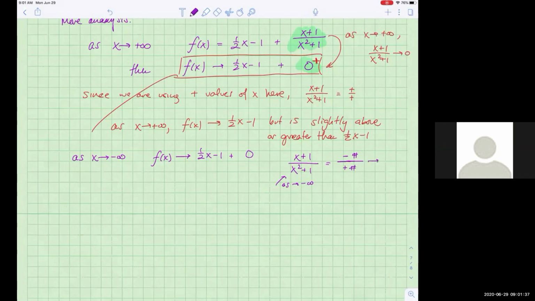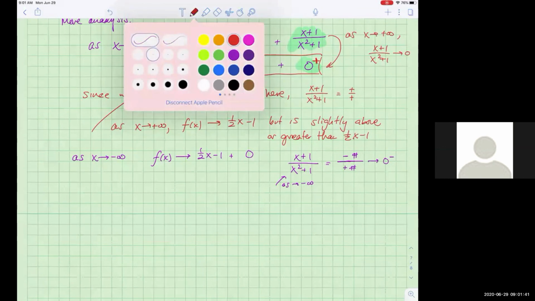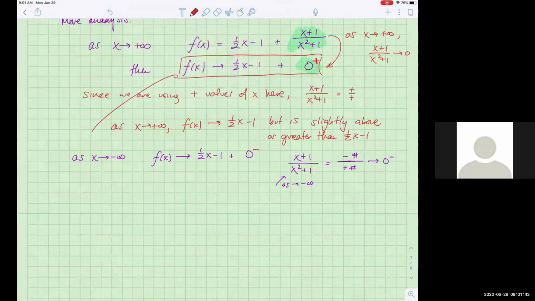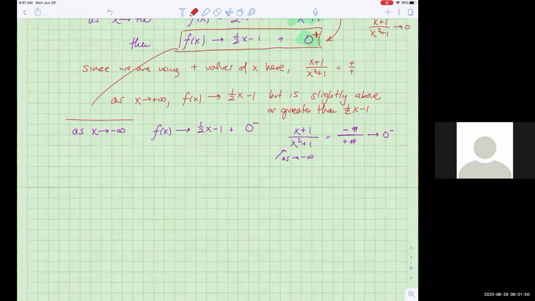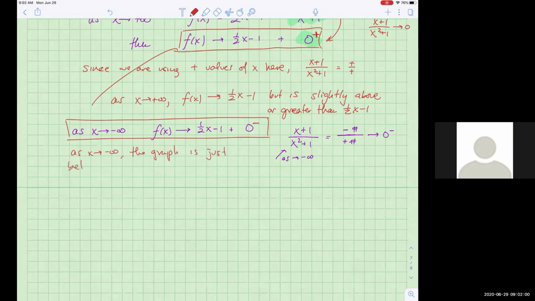So this is tending towards 0, but a little bit less. Now that takes a lot of practice, folks, and you're going to want to practice it, but that means here then, as x approaches negative infinity, the graph is just below the slant asymptote.